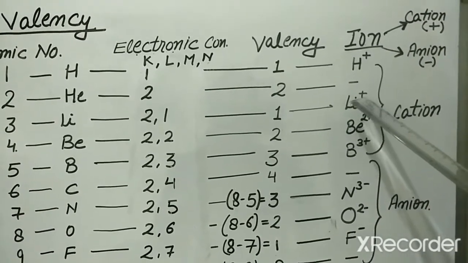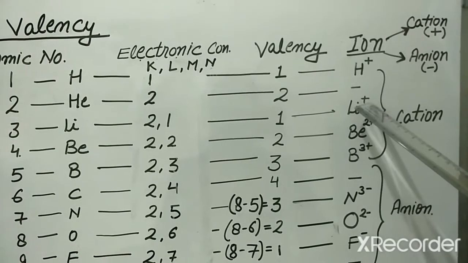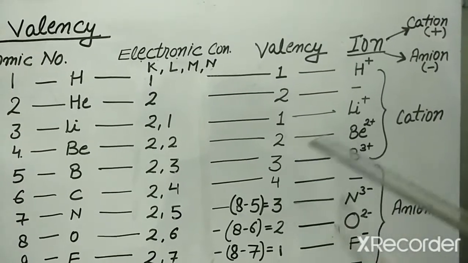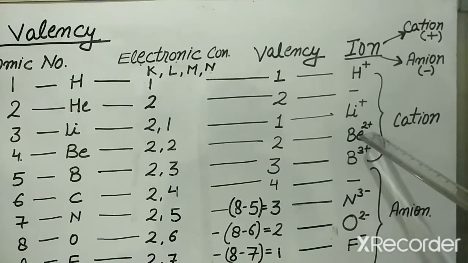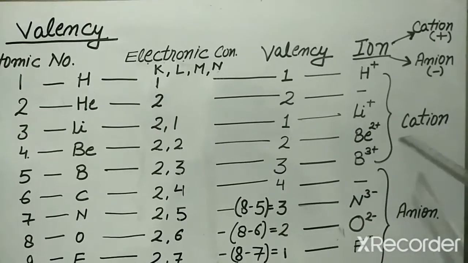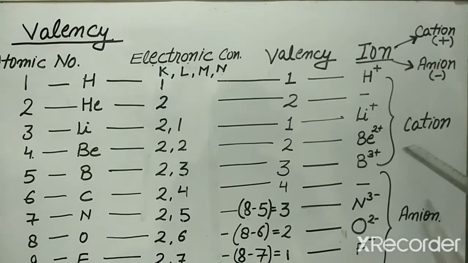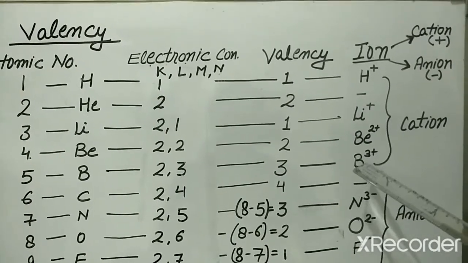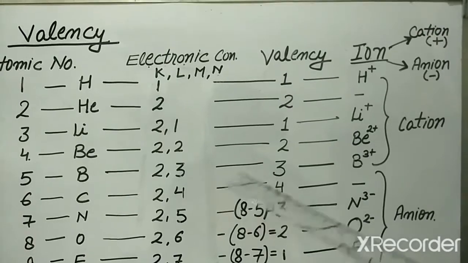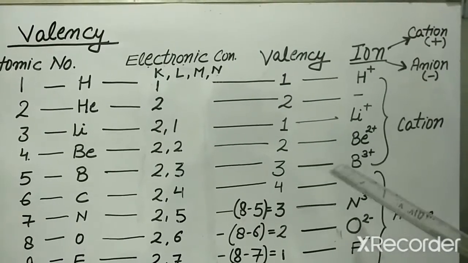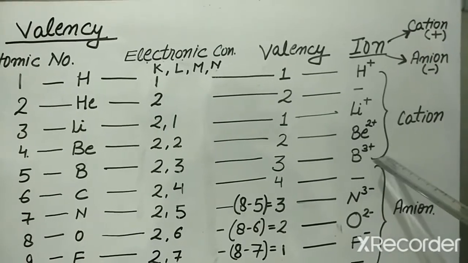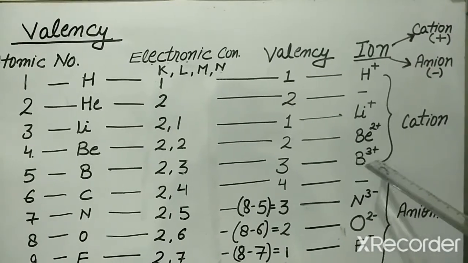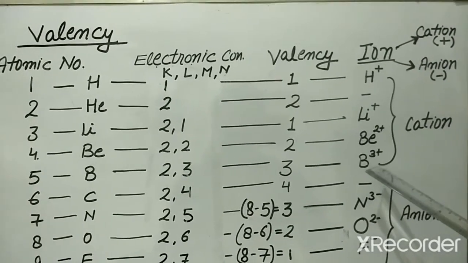Similarly, beryllium, Be2+. Beryllium is losing or donating electrons. Similarly, boron is losing 3 electrons, so valency is 3, and as it is donating, it is 3+. The positive sign shows that electrons are being lost.